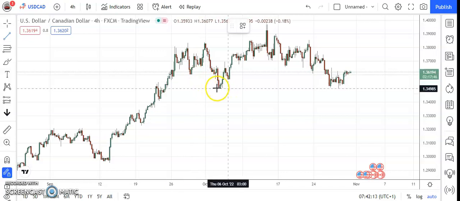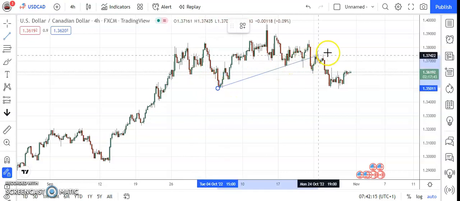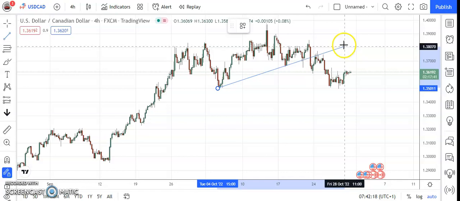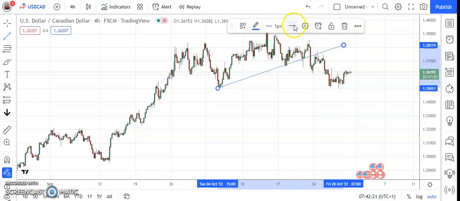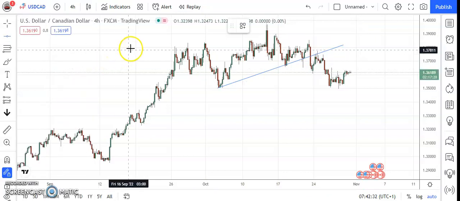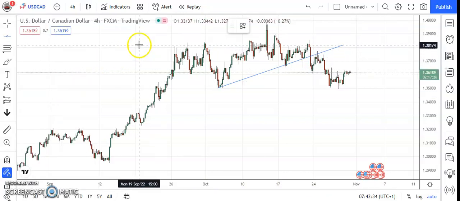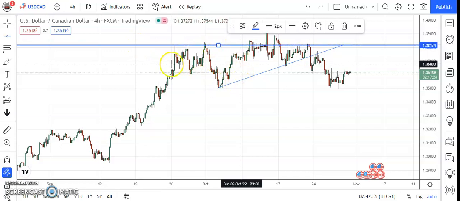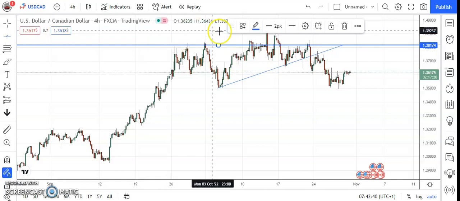We've got this nice trend line here, right? And this trend line meets the horizontal resistance line around here, which will be your supply zone.